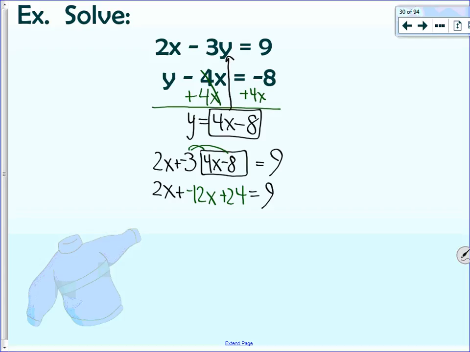All right, now combine your like terms. Subtract 24 on both sides.